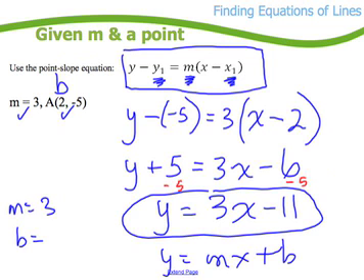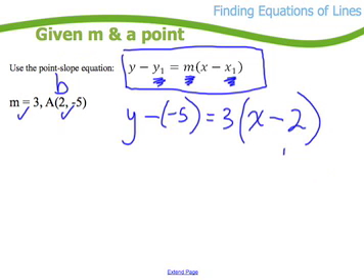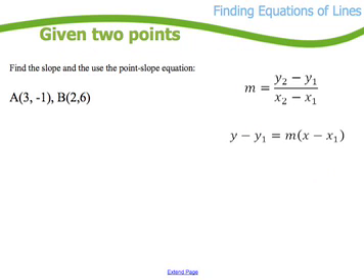But now I also know that my y-intercept is negative 11. So here's my equation of the line, with a slope of 3 and a y-intercept of negative 11. Let's try another slightly different variation. This time the question is, find the equation of a line that passes through these 2 points.